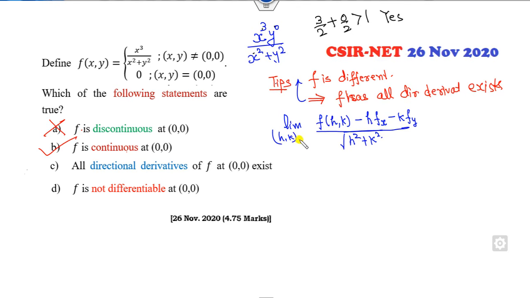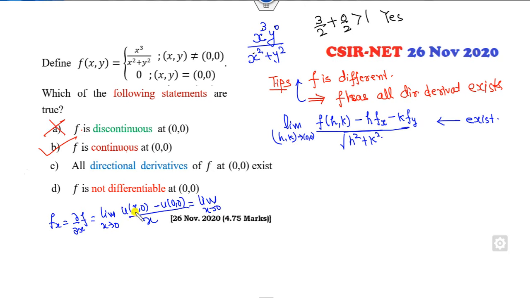My target is to check whether the limit exists or not. What is fx? It is the partial derivative with respect to x, so I can use the definition: limit as x approaches 0 of f(x, 0) minus f(0, 0), divided by x. So what is the answer of this? f(x, 0) will be x.